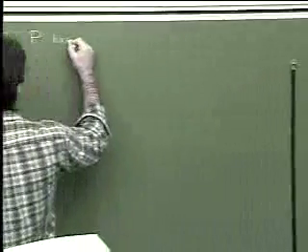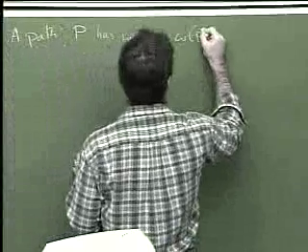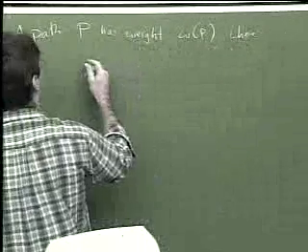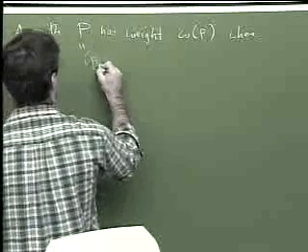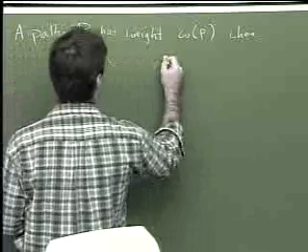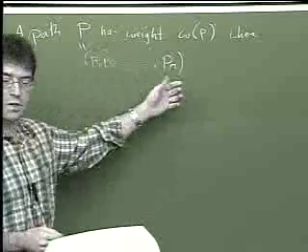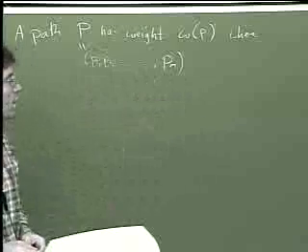A path P has weight W of P, where let's say P is P1, P2, up to P sub m. When I write this, some of these P's can be the same nodes. The same node can appear multiple times in a path.